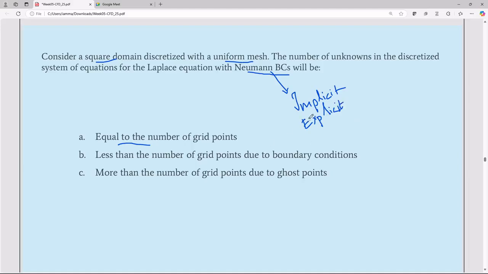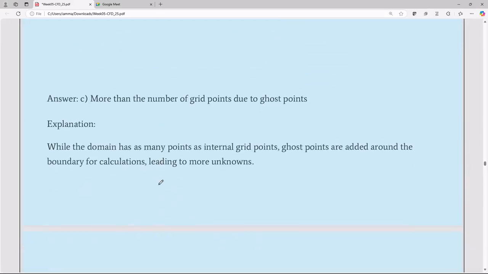The explicit way of expressing Neumann boundary condition is by employing ghost points. Because we will be creating imaginary or non-existing cells only for computation at the boundaries when a Neumann boundary condition is there. So option C is the right answer.